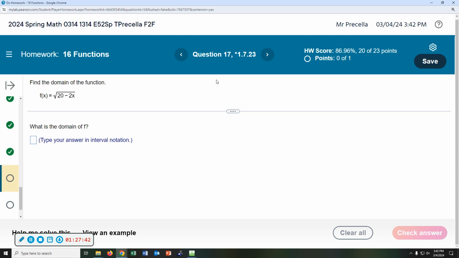Let me write it down. Number 17: f of x equals the square root of 20 minus 2x. I think I'm going to go ahead and write down number 18 also.